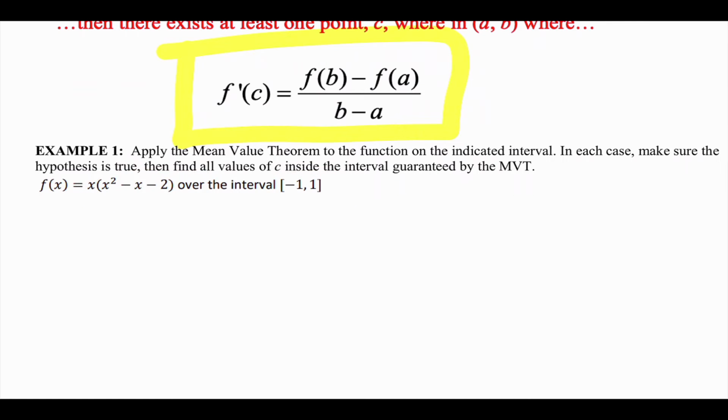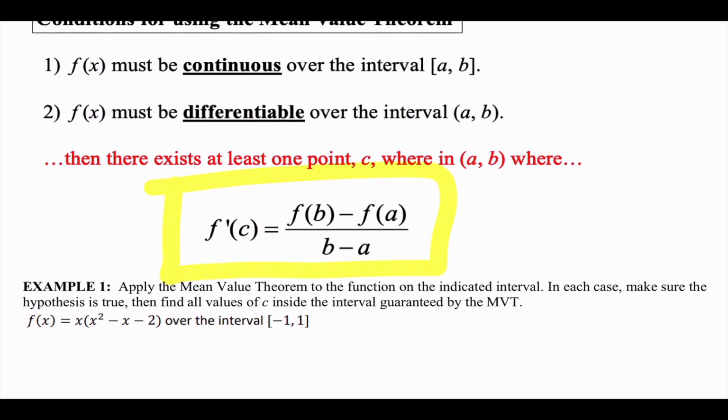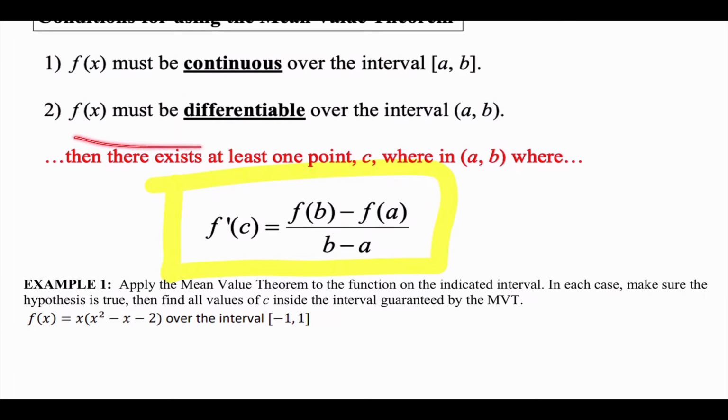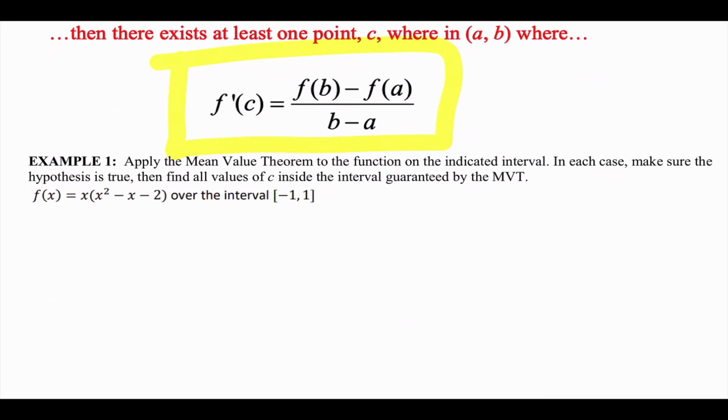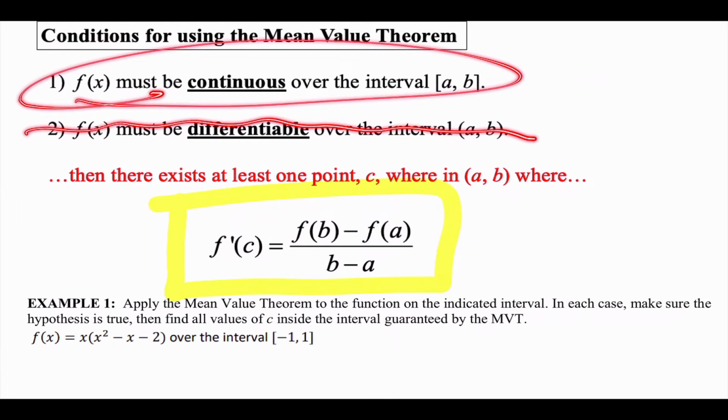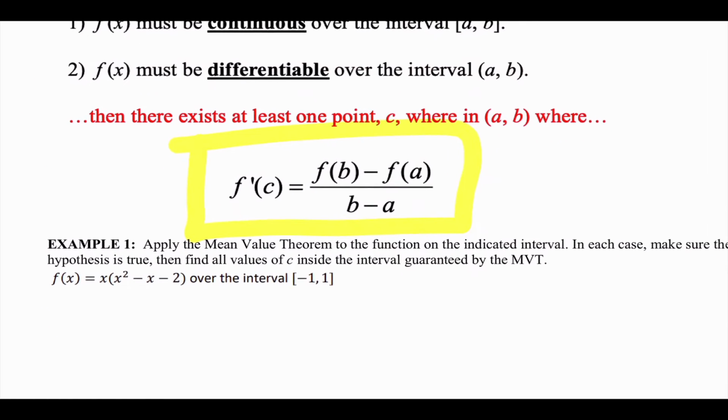The only issue with derivatives is, what's the only issue with derivatives? That would fail this guy here. When would we fail this guy here? What's true about the derivatives? So if f of x is not continuous, definitely not differentiable. Okay?